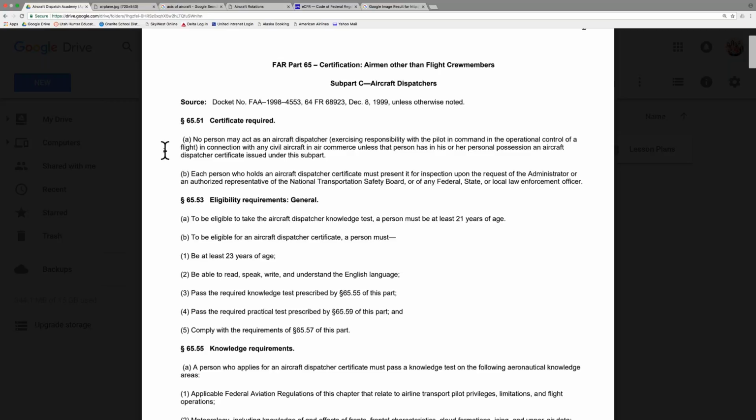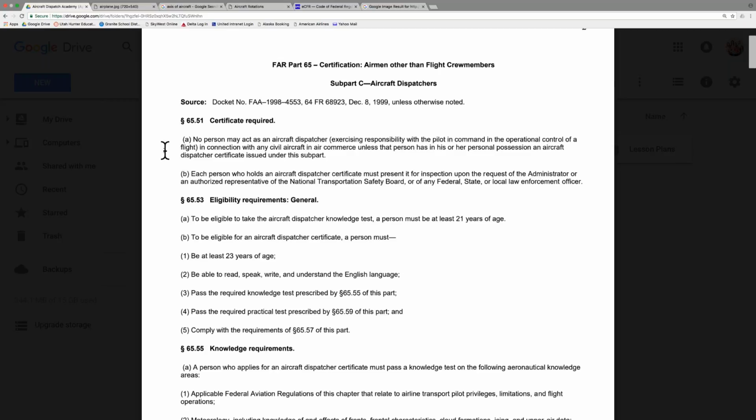So all that paragraph is saying is, hey, you have to have on your person, whenever you are dispatching a flight, your dispatch license. Now, Adam's job is the safety coordinator for the FAA over UPS Airlines dispatchers.